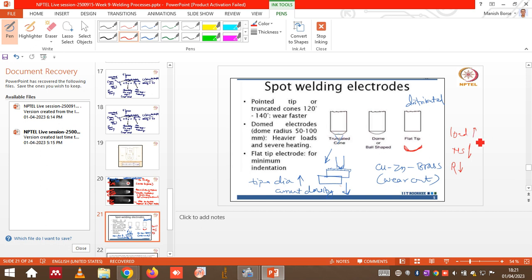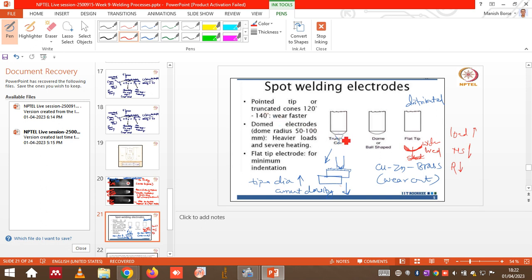So resistance will decrease, and also the load will be distributed, so less melting, and we can say shallow penetration, or a wider weld bead.